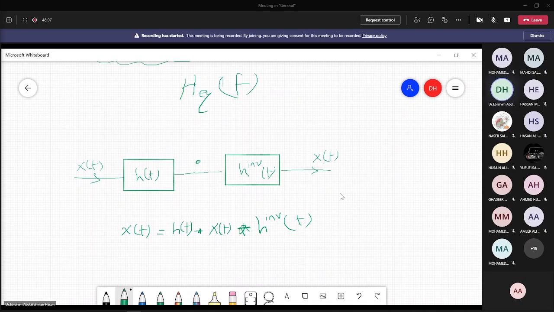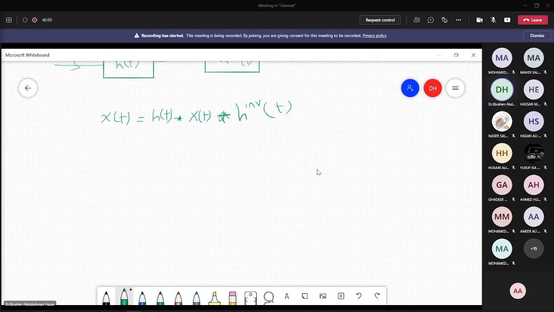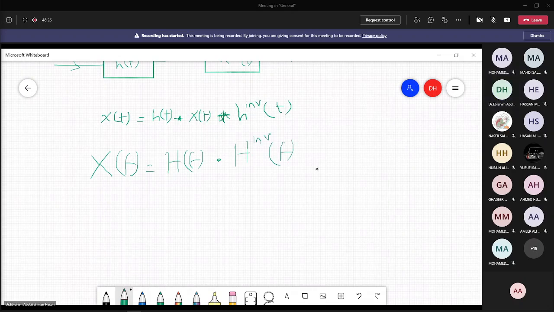So if you change all these to the frequency domain, then you will get X(f) equal to H(f) multiplied by H inverse(f) multiplied by X(f) again.